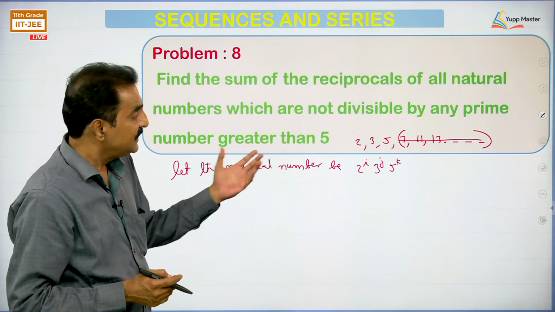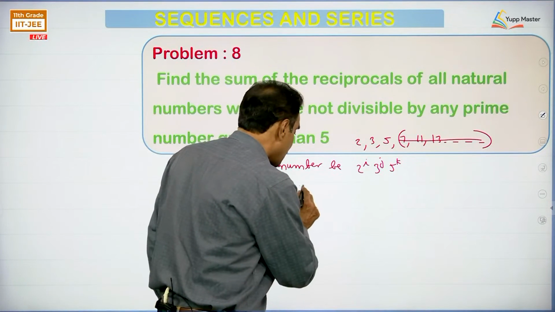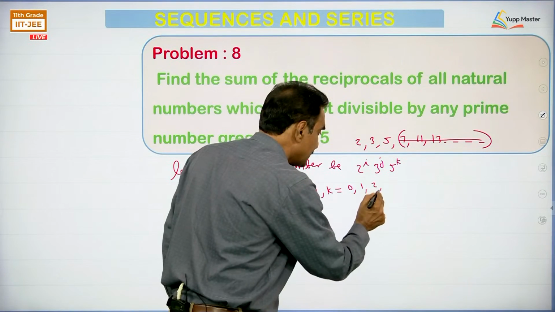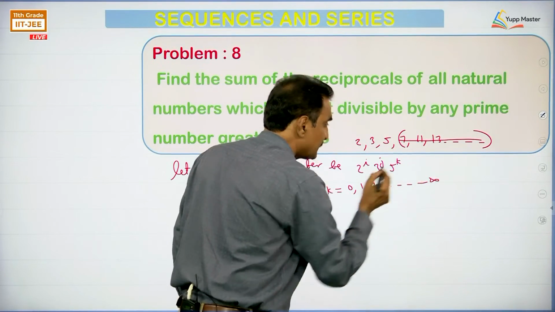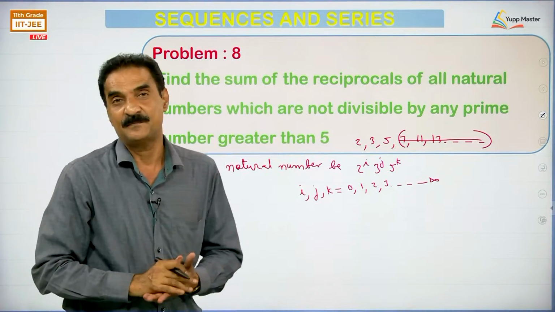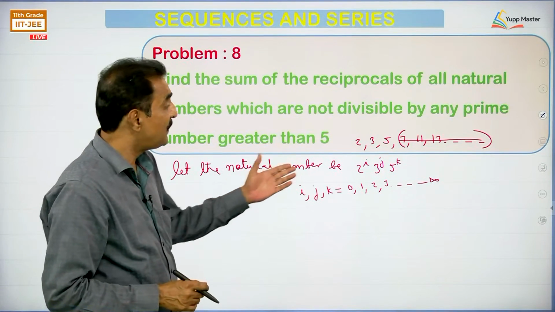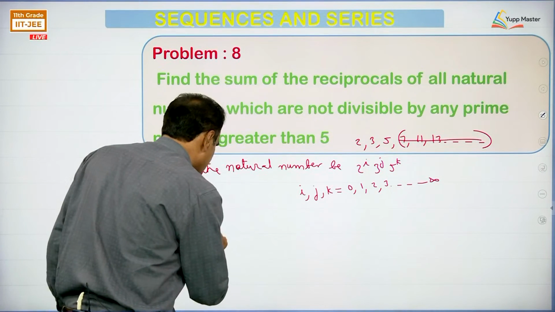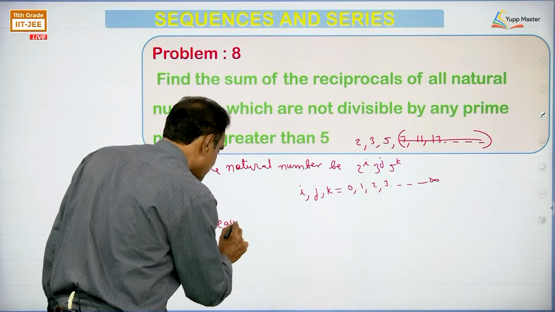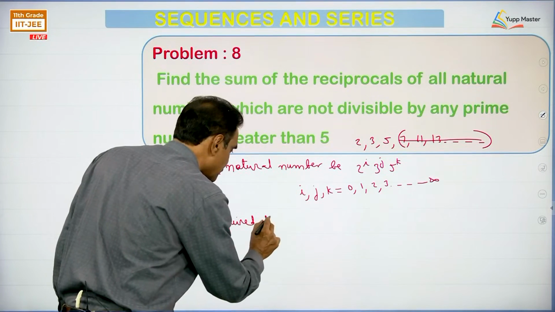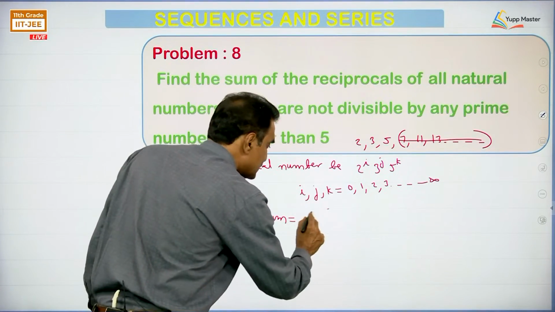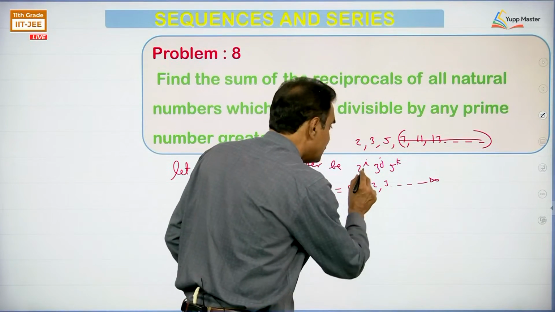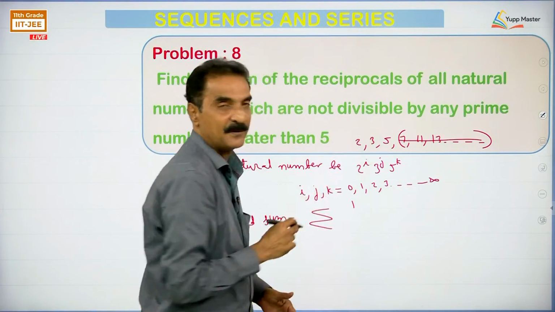Now, what about i, j, k? i, j, k vary from 0 to infinity. They are independent of each other. Now, what do you want? Sum of the reciprocals of all these natural numbers. So, the required sum is sigma, summation of reciprocals, 1 by 2 power i, 3 power j, 5 power k.